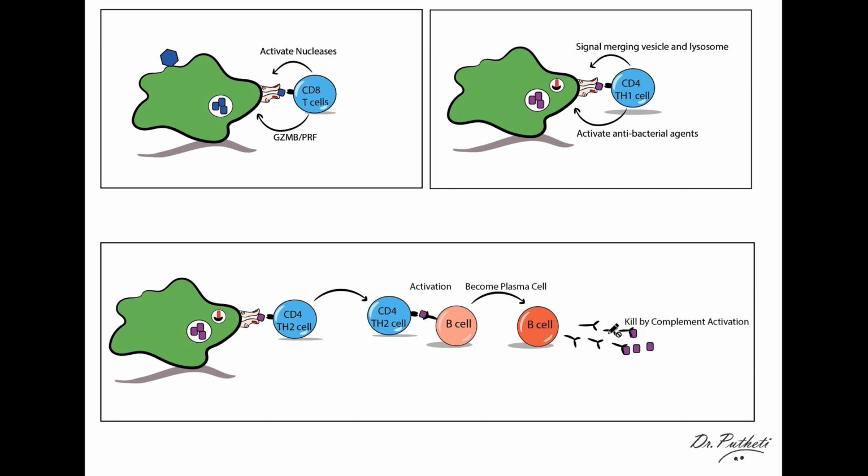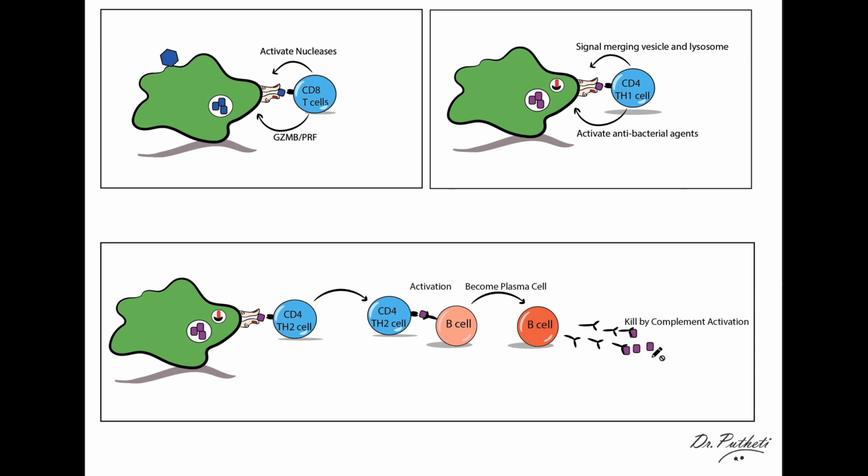Now once these antibodies are produced in huge amounts, they go and attack this bacteria that is there in the circulation. And once these antibodies bind to this bacteria, that will activate the complement cascade, the complement system, and the complement system will come and puncture this bacteria and destroy it.